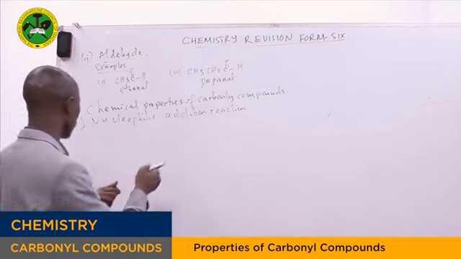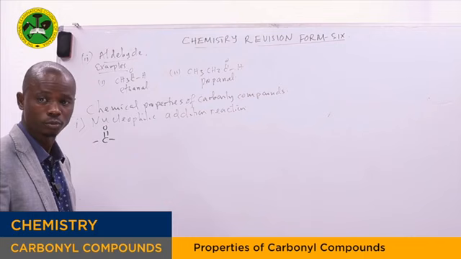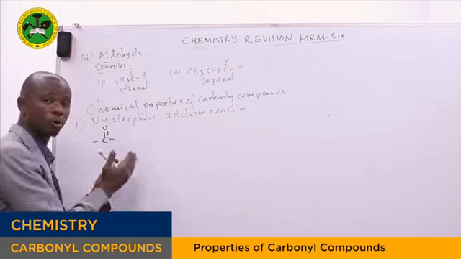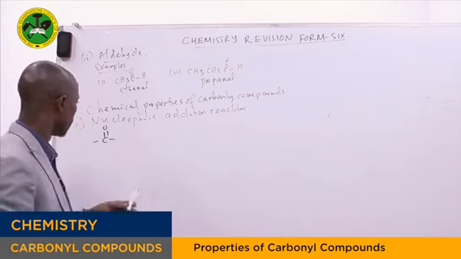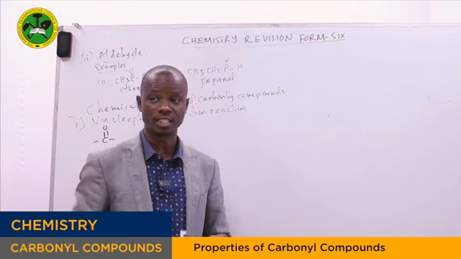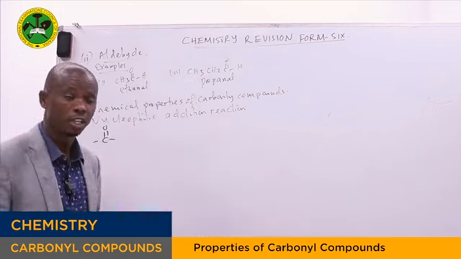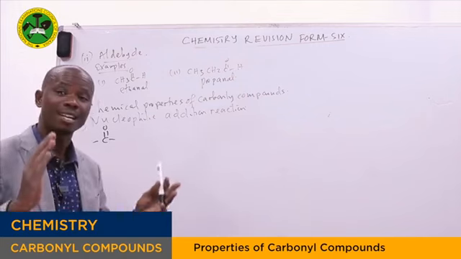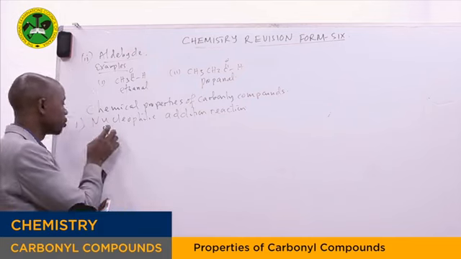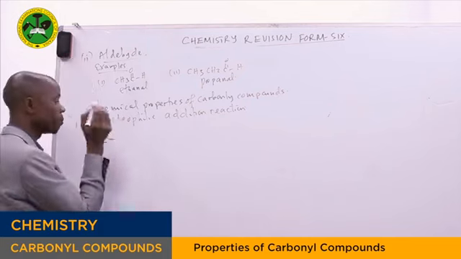Now, the carbonyl compound contains the carbonyl group. When you look at this functional group, this is where the chemical properties are taking place. The oxygen and the carbon differ in terms of electronegativity. Oxygen being more electronegative than carbon, it becomes negatively polarized because it will take all the electron pair from the bond.